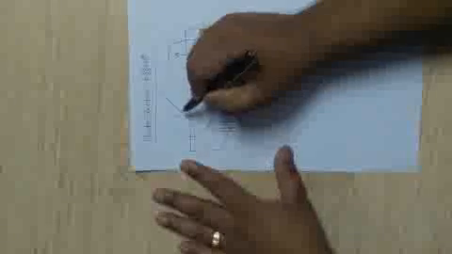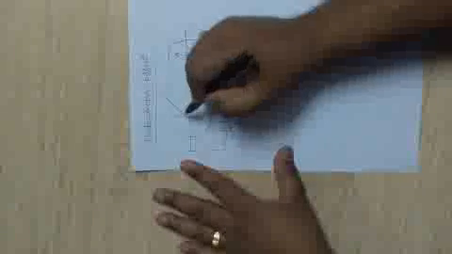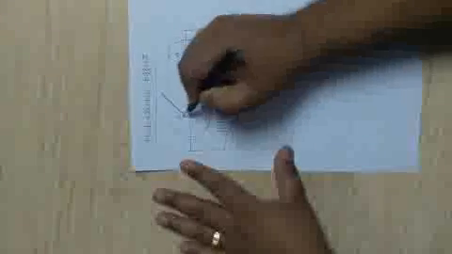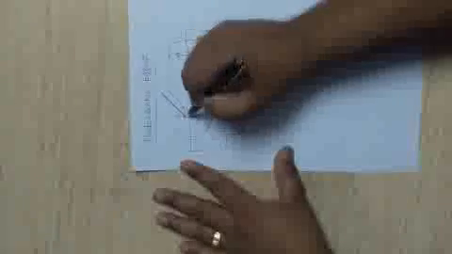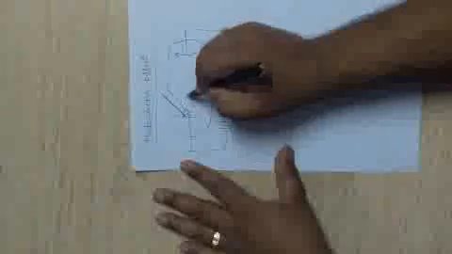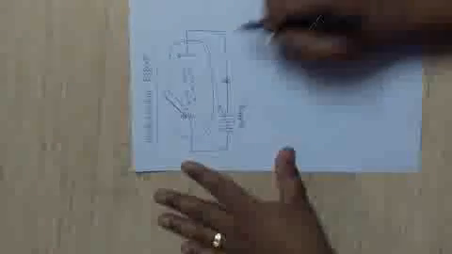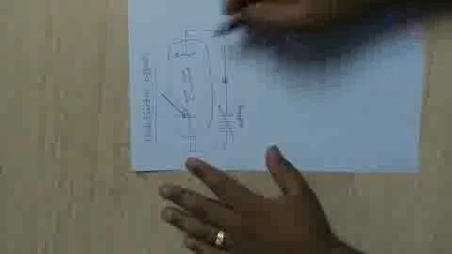When light is irradiated on the metal surface of the cathode, then electrons are emitted and these electrons move towards the anode.